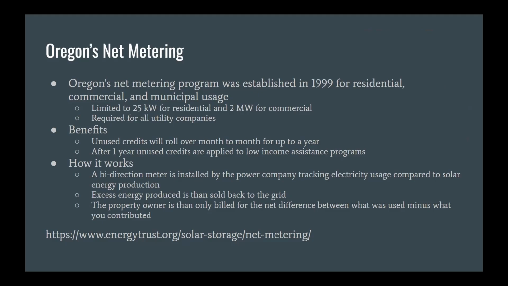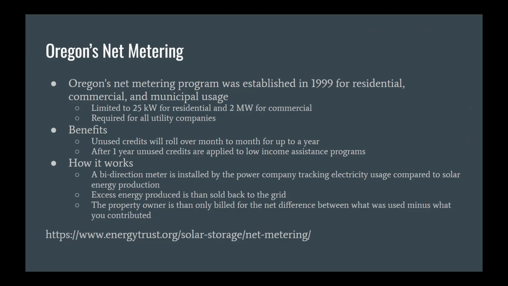Importantly, the program is required for all utility companies in Oregon, ensuring that customers across the state have access to the same opportunities to reduce energy costs and support the grid. So how does net metering work? When a property owner installs a renewable energy system, most commonly solar panels, the utility company installs a bidirectional meter.